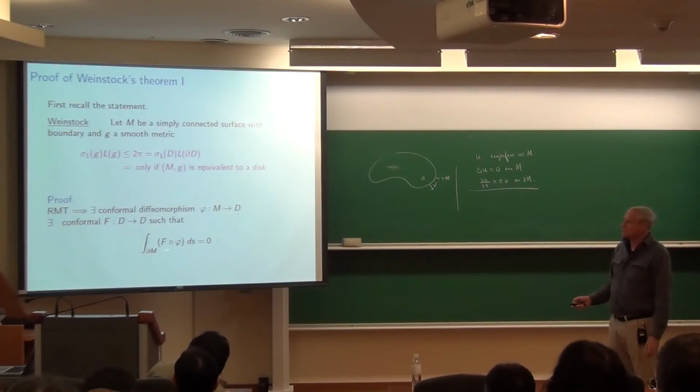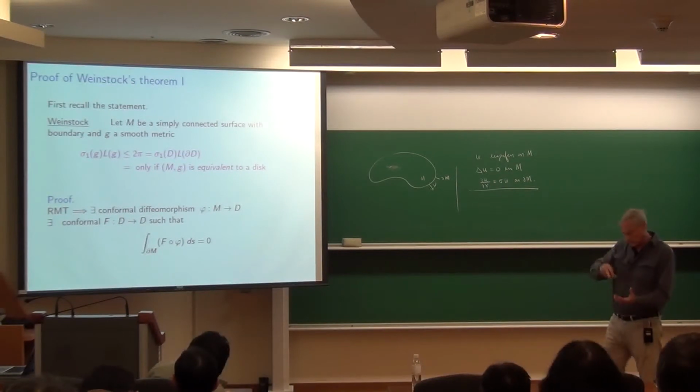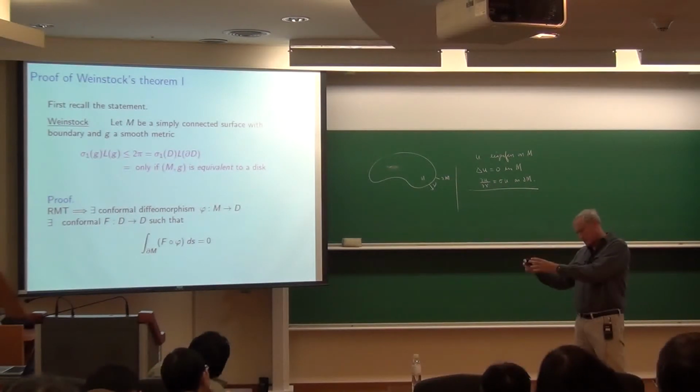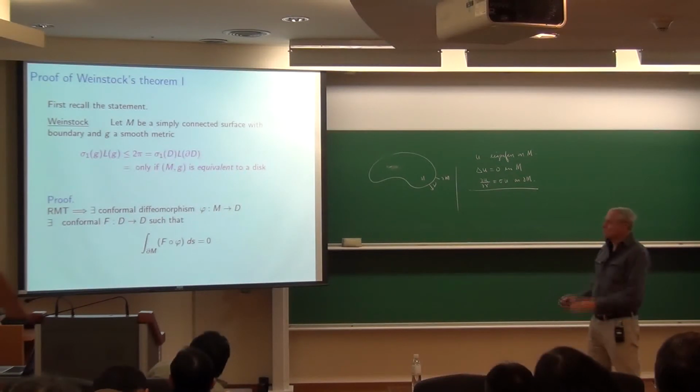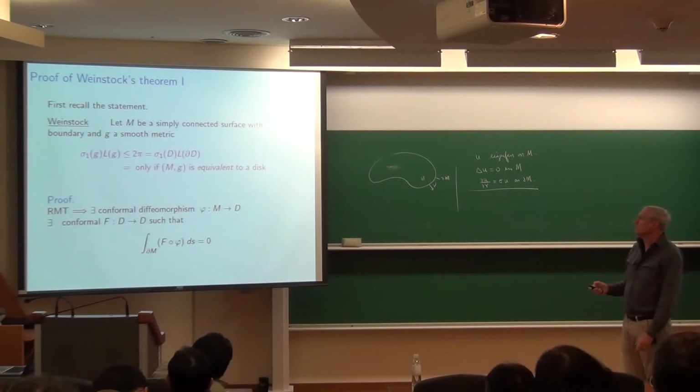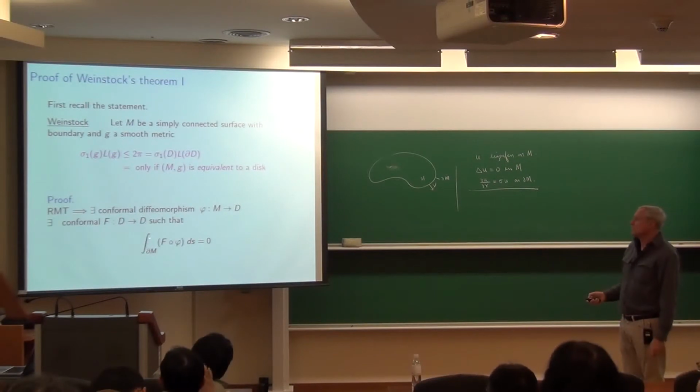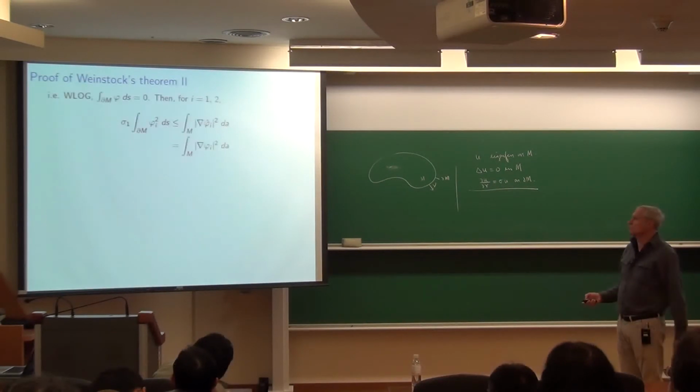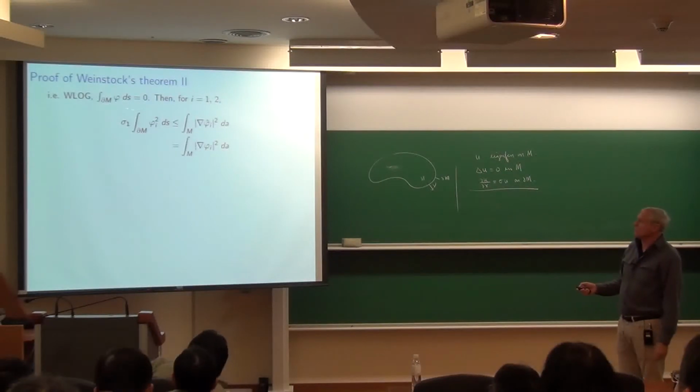We can look at the center of mass of the map phi with respect to the boundary arc length measure. That may be different from the origin, but then we can do a conformal transformation to push it to the origin. It's not very hard to do that rigorously. In other words, we can choose our conformal diffeomorphism to have the property that the integral over the boundary is zero.